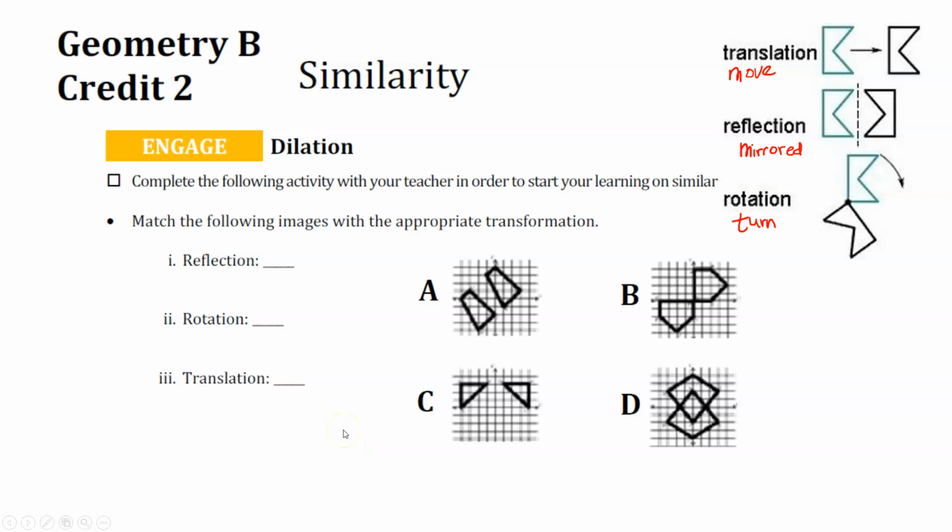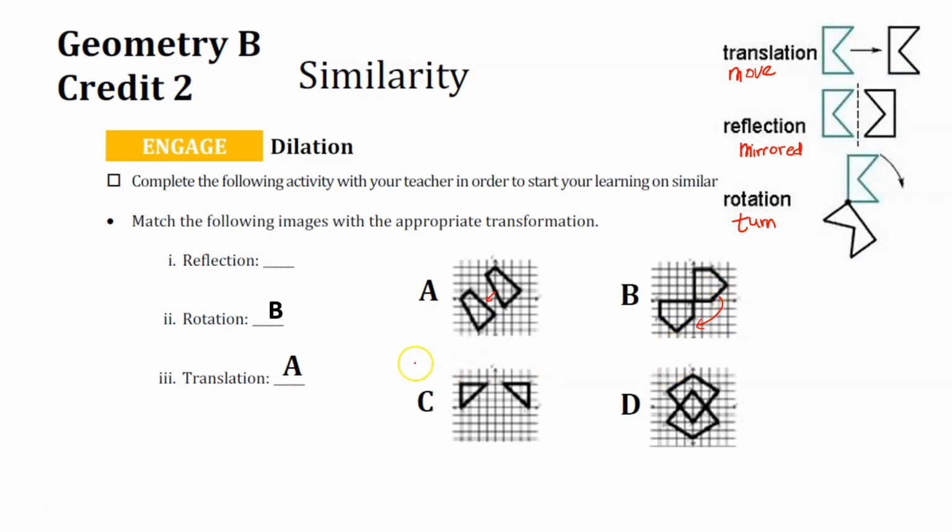All right, I trusted you. So let's check, because the worst thing you could do is get it incorrect and learn something new. That's the worst thing that could happen. Letter A is a translation. We're just simply moving that shape. Letter B, we are turning that shape, so you'll notice that it turns around.